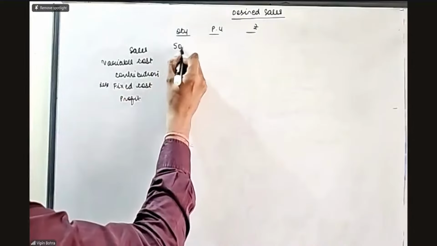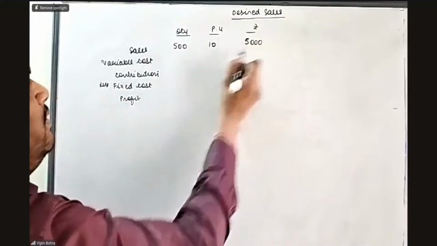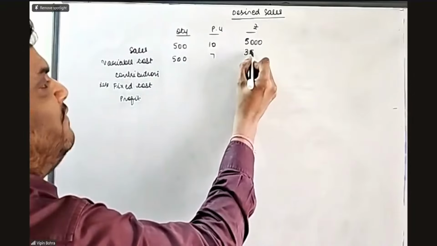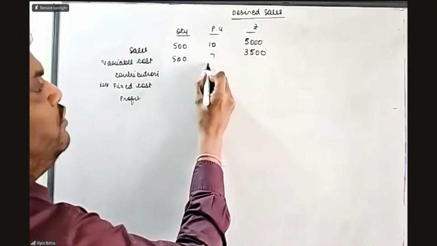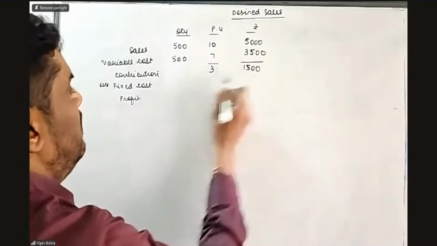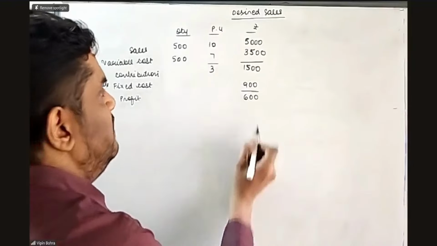I'm manufacturing and selling 500 units. So 500 into 10, 5,000. 500 into 7, 3,500. So contribution per unit will be 3. This will be 1,500. My fixed cost is, let's say, 900. So my profit will be 600.